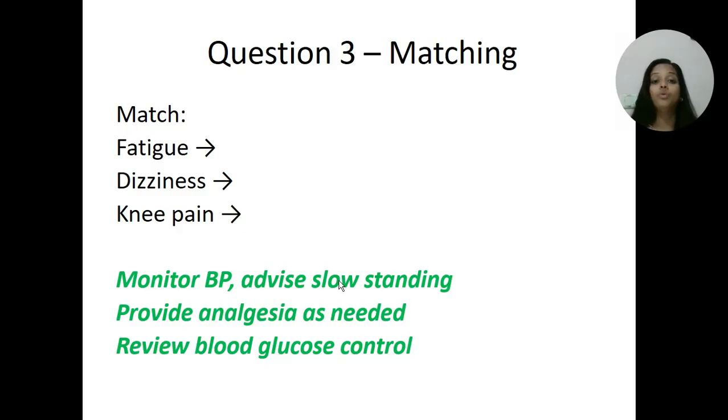Monitor BP, advise slow standing. So this should go for the second one. And for knee pain, osteoarthritis, you remember? Provide analgesia as needed. Always connect symptom, history plus context. Don't just memorize actions. Think why that intervention fits the patient scenario.